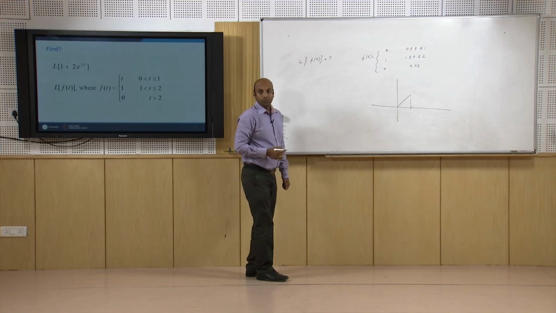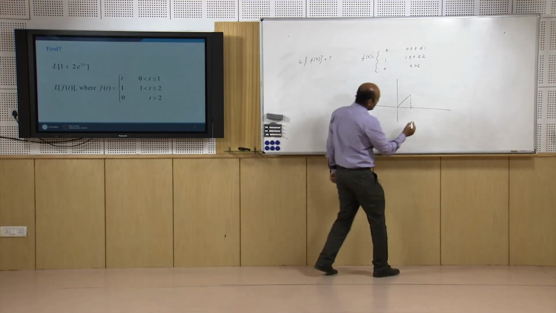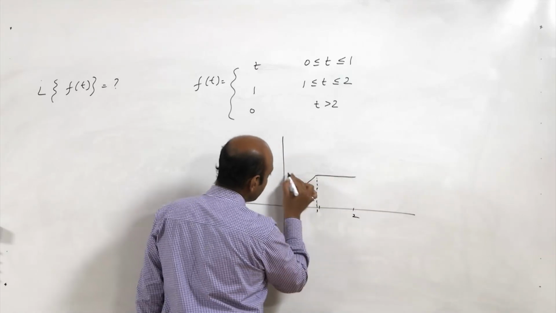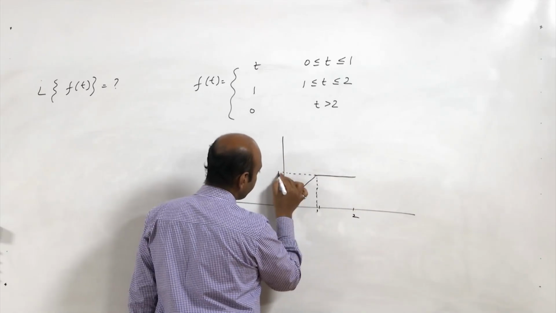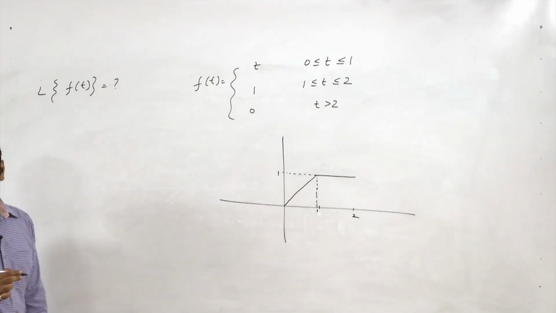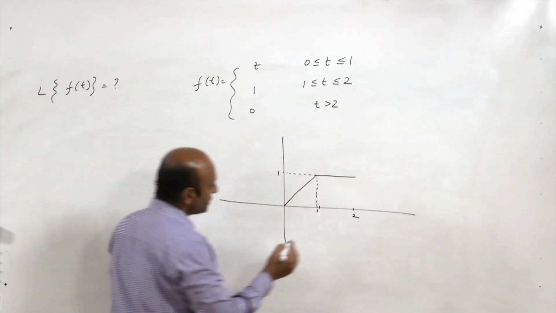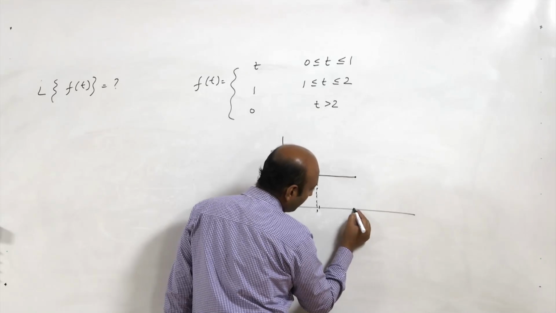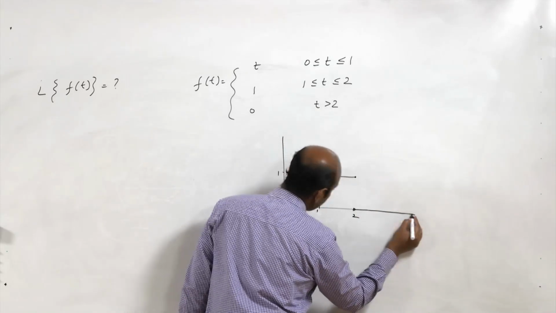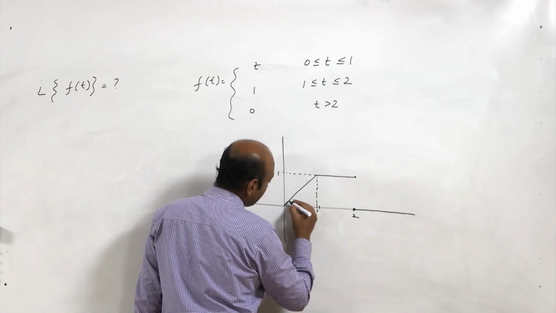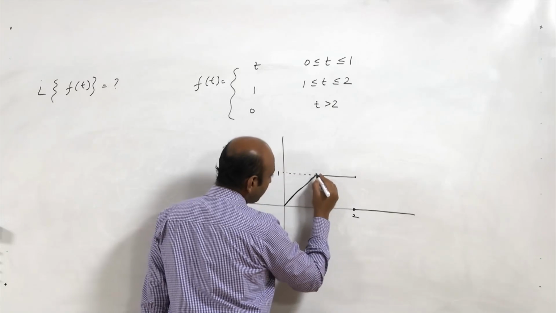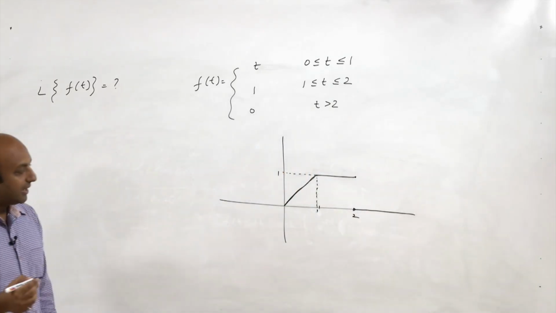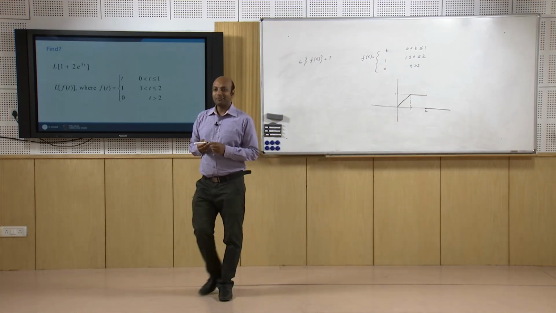From 1 to 2 it is 1, and after 2 it is 0. At 2 it is 1, and after 2 it is 0. So basically this is f(t). So we have to find the Laplace of this f(t).